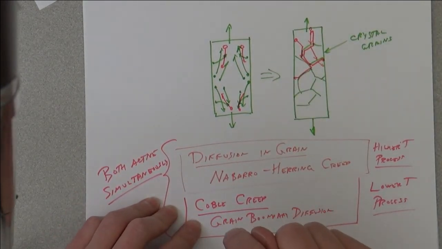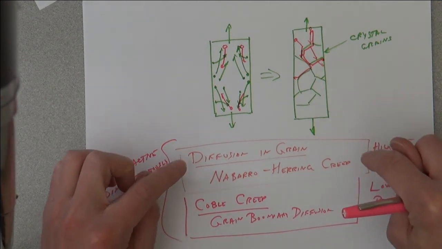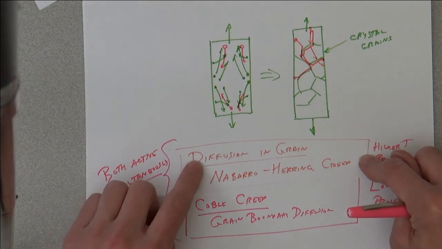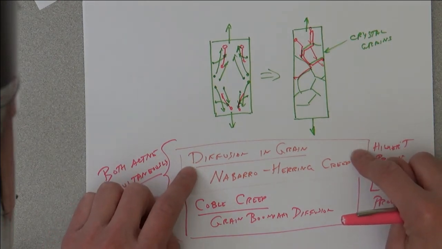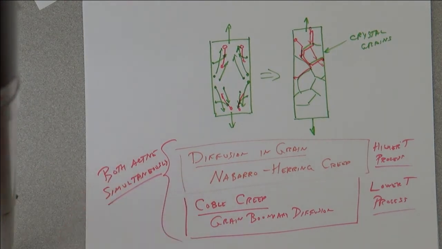At low temperatures, you only get grain boundaries. At medium range temperatures, you get both. You start getting a little bit of the through the grains, and then at high temperatures, these are both going to be active. So there is a transition between the regimes and a difference in the behavior.